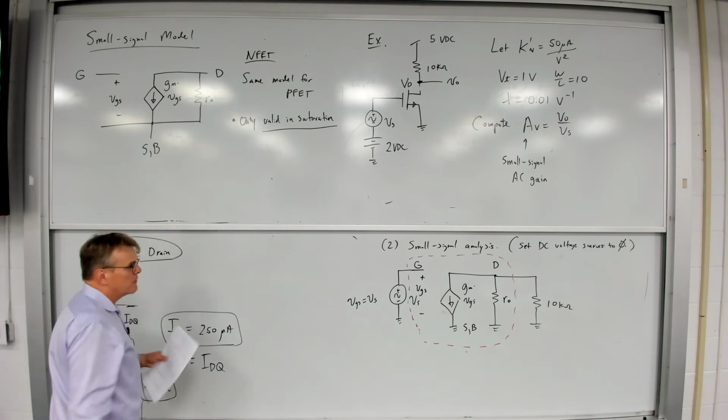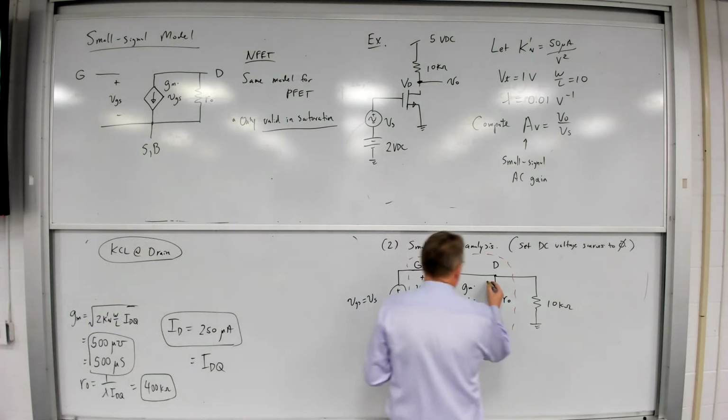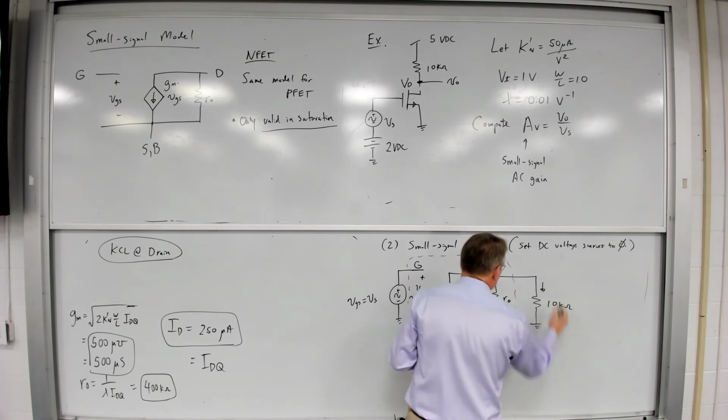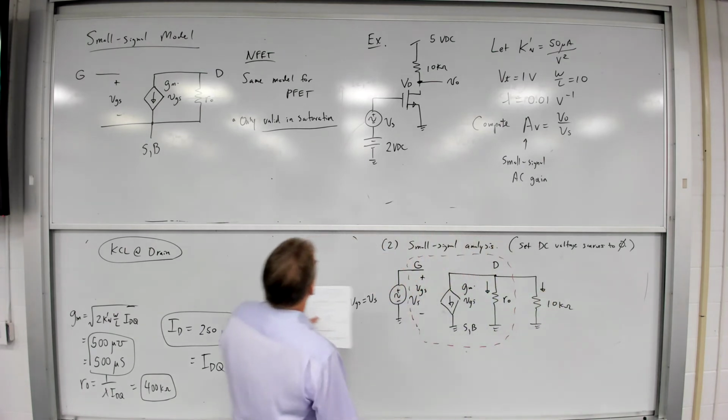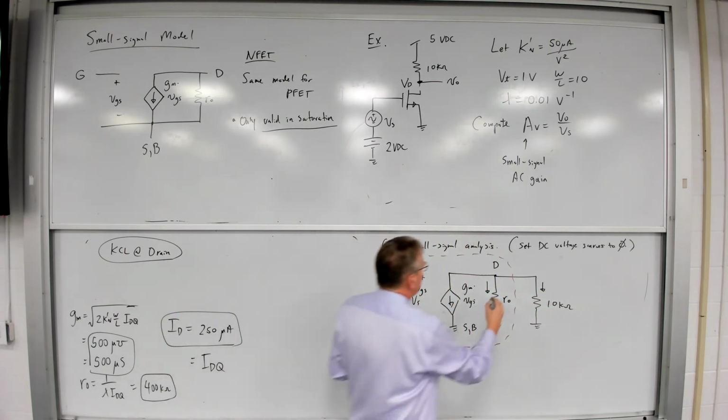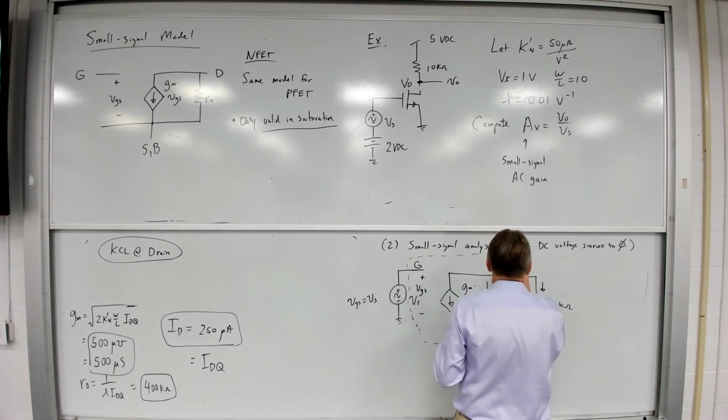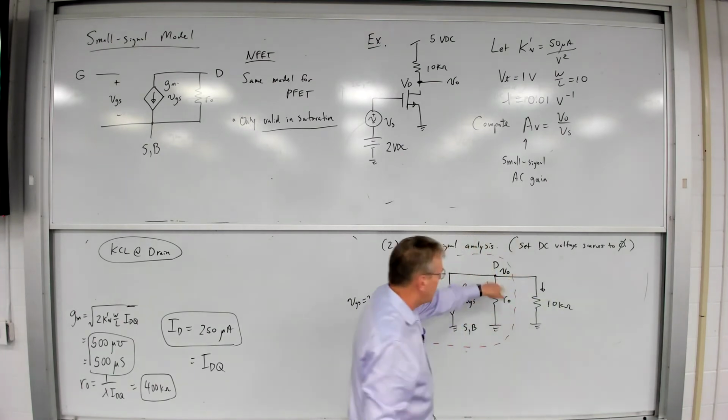So the KCL at the drain, I'm just going to define these currents like this. Now keep in mind, I'm defining the small signal V sub O voltage at the drain node.